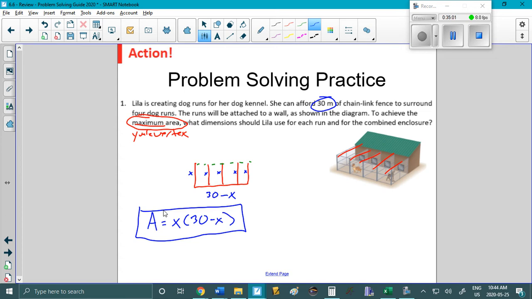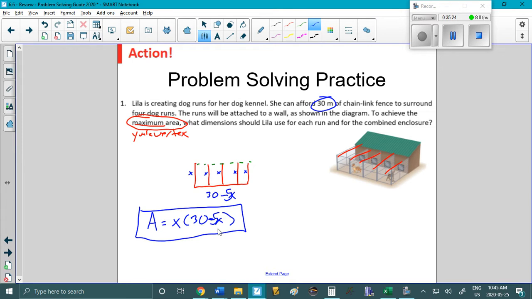There are a lot of ways to do this. The best way for me, you don't even have to expand. Okay, and they're asking for the dimensions, so you need to find this x as well as this 30 minus 5x. Oof, jeez, I almost missed the 5. I hope some of you caught that. 30 minus 5x, because there's 5 x's. So expand this if you want.